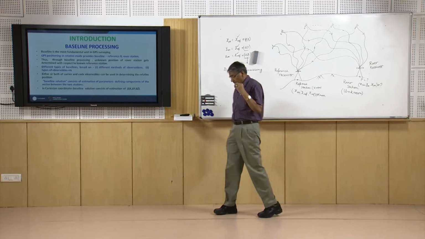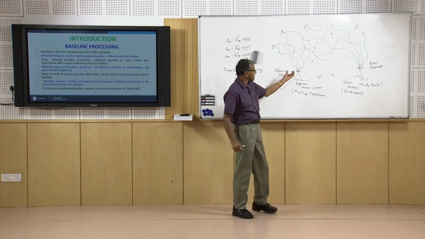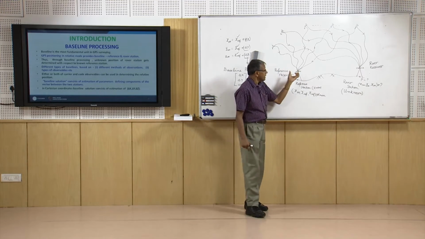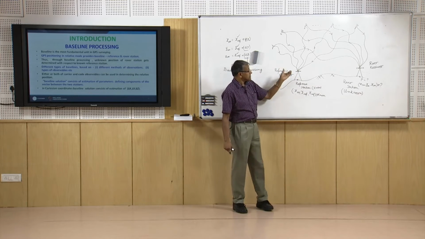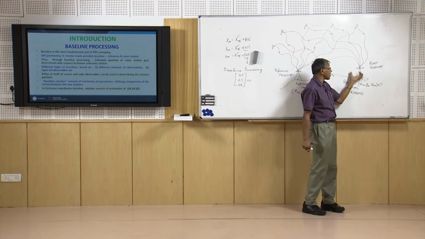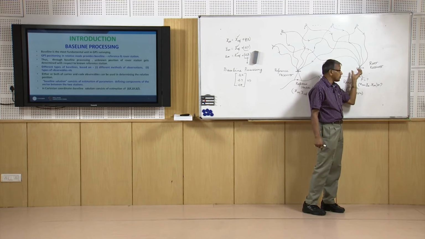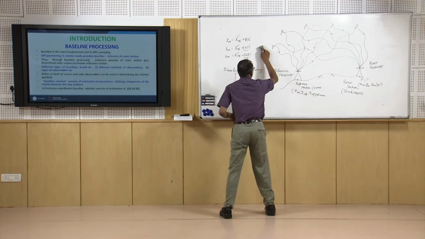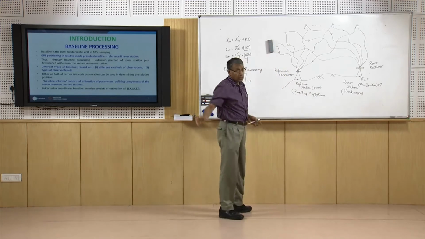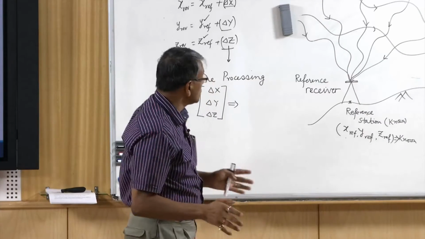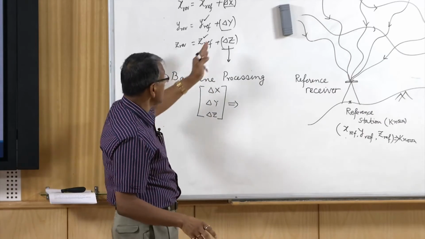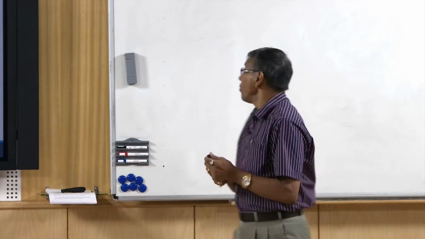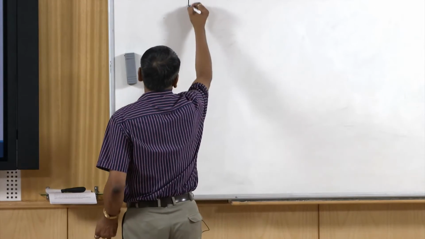We will be considering only the CA code observables of the reference station signal and the CA code observables of the rover receiver signals, and those observables will be used to find the baseline parameters.